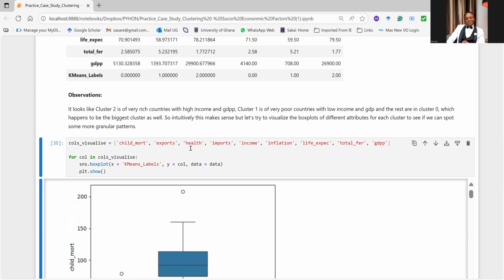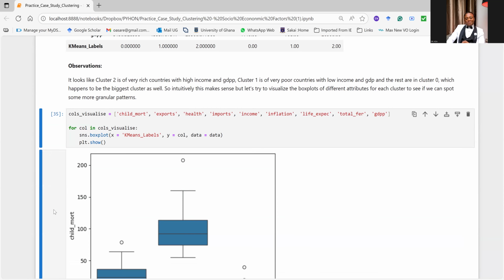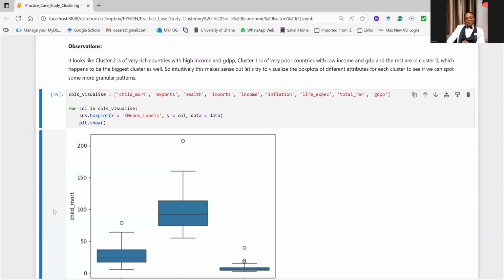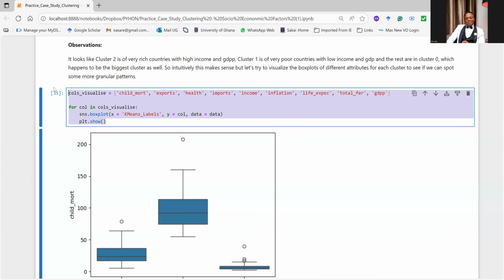Okay, so we got the first one. Let me just expand that so that you can run the same thing. If the colors were separate, it would have been nice.